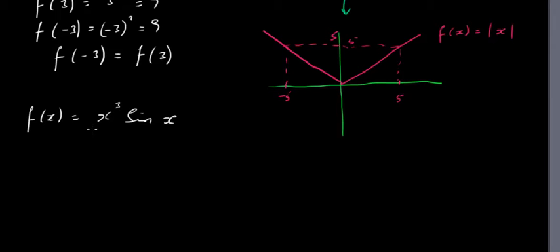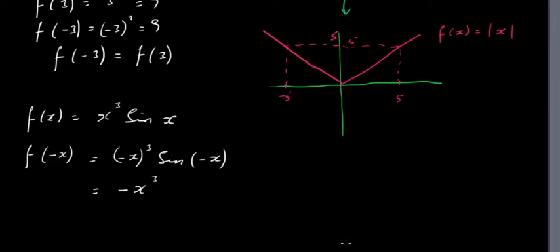So what do you do? Well, this is our f of x. Let's put in minus x into this. That will give us minus x cubed, and then the sine of minus x here. Minus x cubed is going to be, if you cube a negative, you just get a minus. Cube x, you get x cubed.